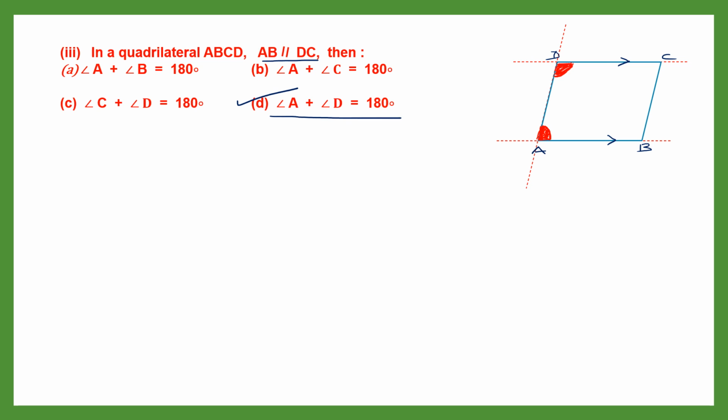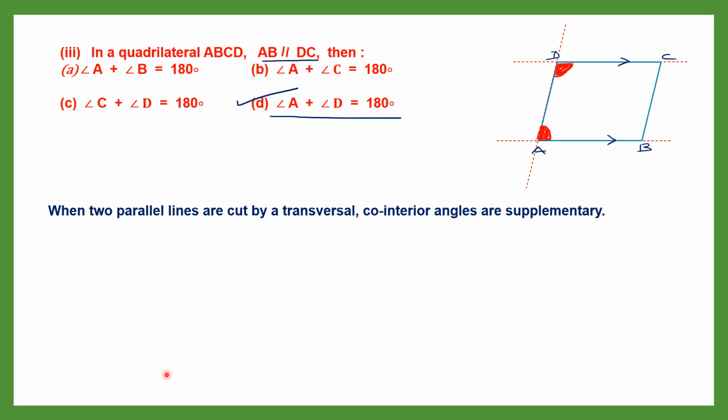Angle A plus angle D is equal to 180 and the reason is co-interior angles are supplementary when two parallel lines are cut by a transversal. So here we have a reason: when two parallel lines are cut by a transversal, the co-interior angles are supplementary.